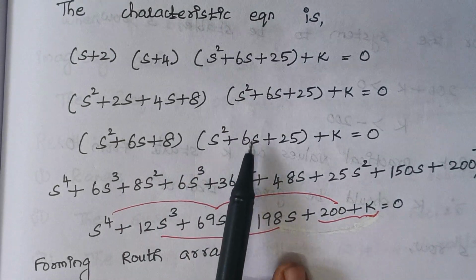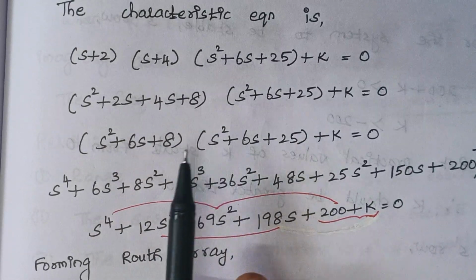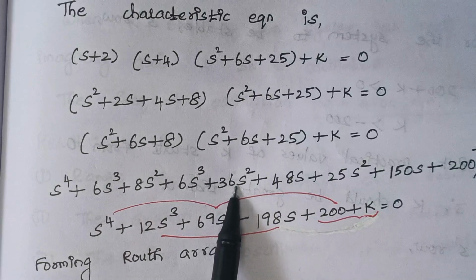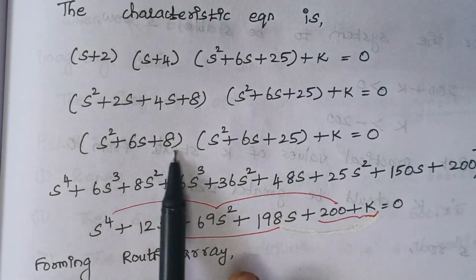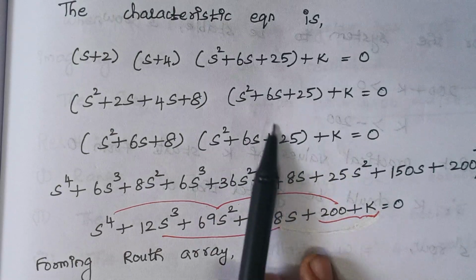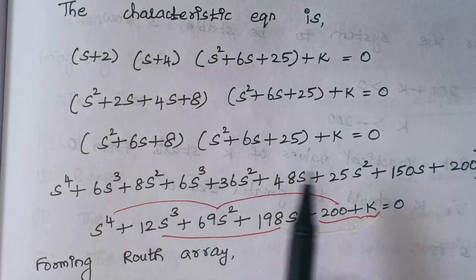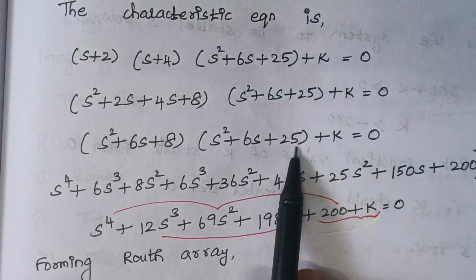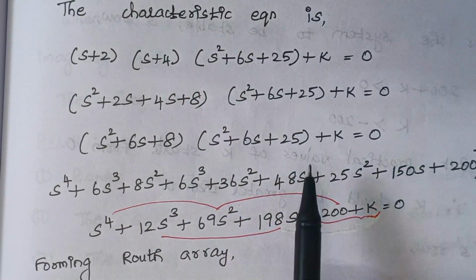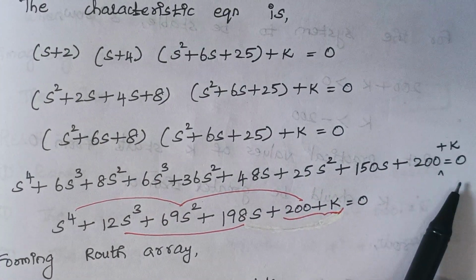Then 6s: 6s into s square gives 6s cube, 6s into 6s gives 36s square and 6s into 8 gives 48s. And the next thing is 25. 25 into s square gives 25s square, 25 into 6s gives 150s and 25 into 8 gives 200, and this plus k, which is equal to 0.